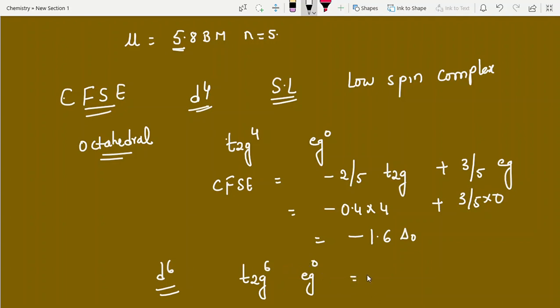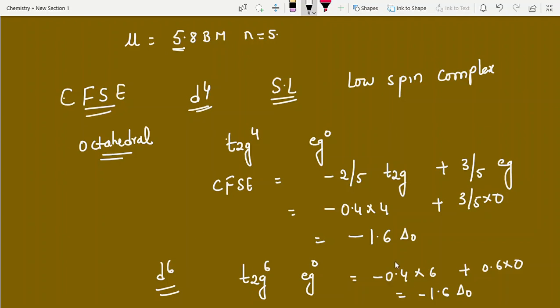Then calculate the crystal field stabilization energy. 0.4 into 6 plus 0.6 into 0. Simplify and tell the answer, students.